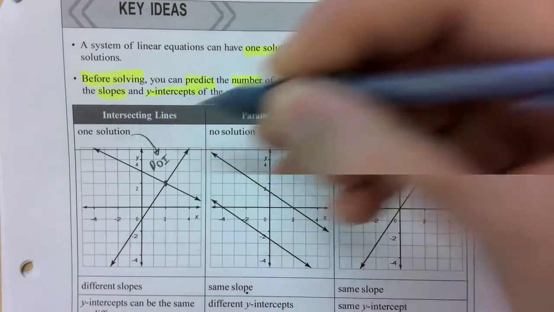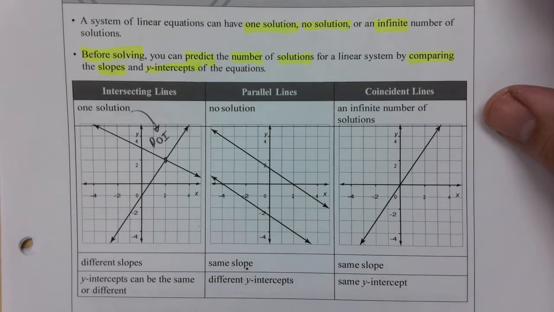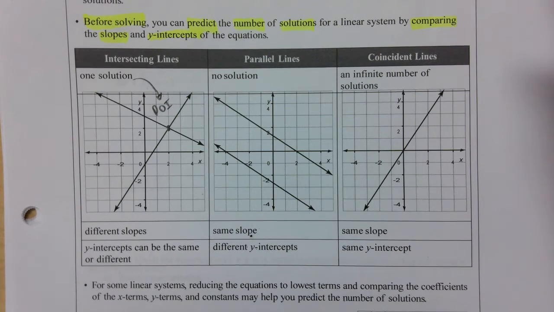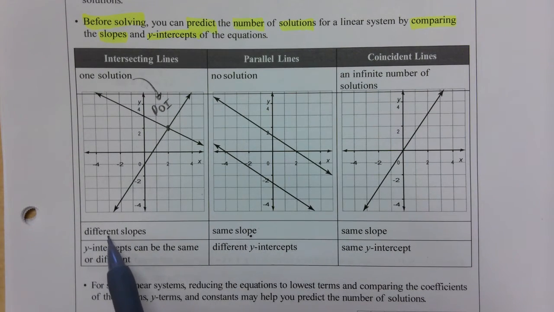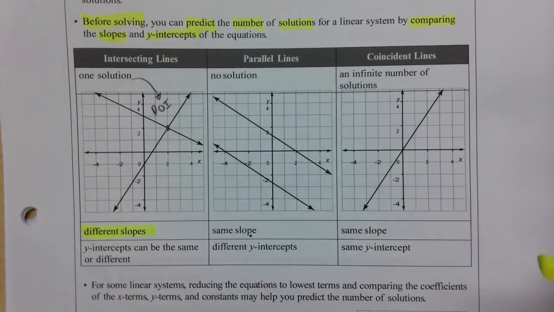What is true about these two equations? They will have different slopes. Y-intercepts can be the same or different. The key here is they have different slopes.